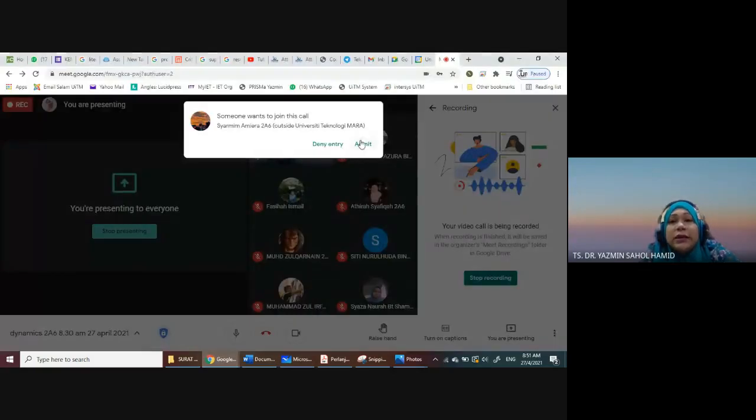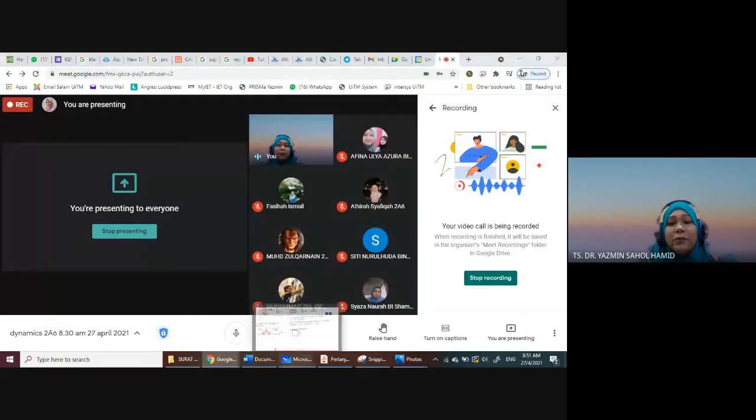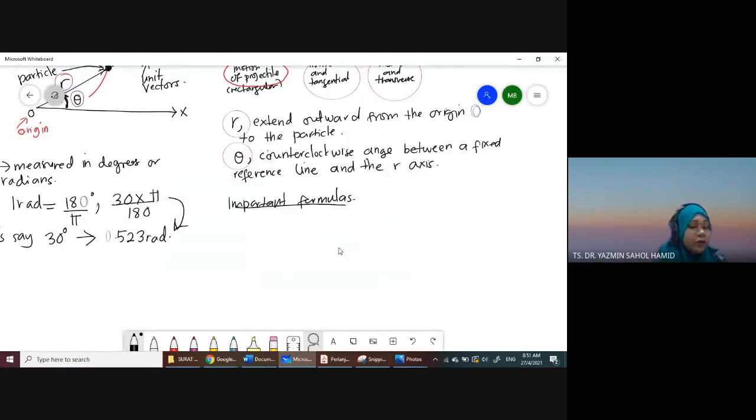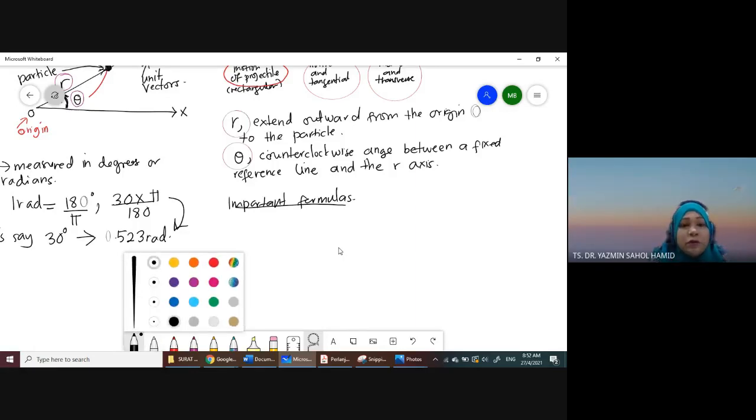These formulas you can copy and put aside, for whenever you get questions that are related. So some important formulas for this topic, radial and transverse. Copy these important formulas.